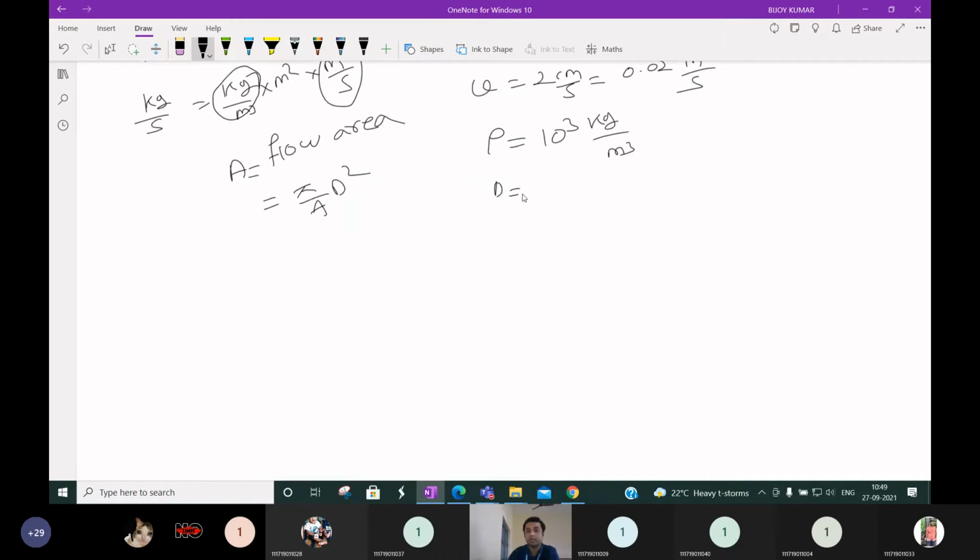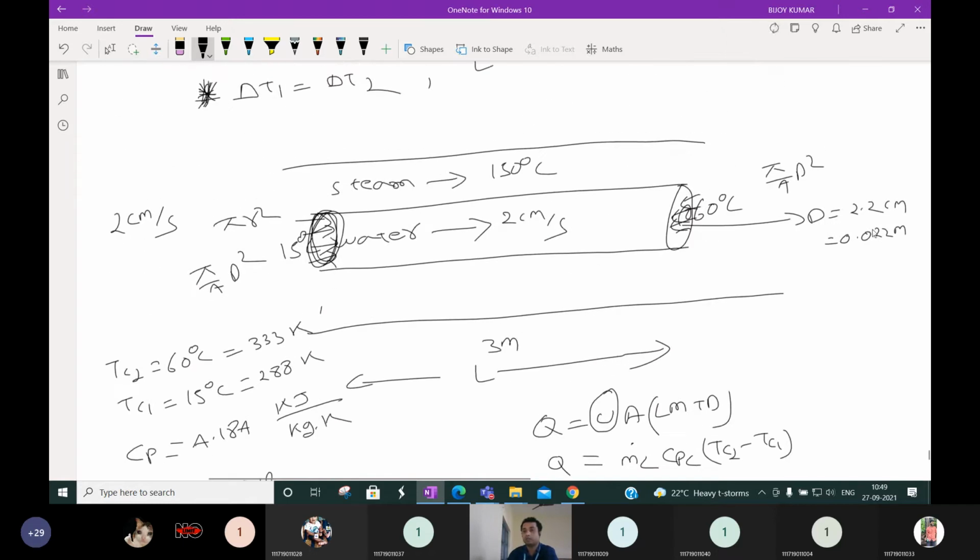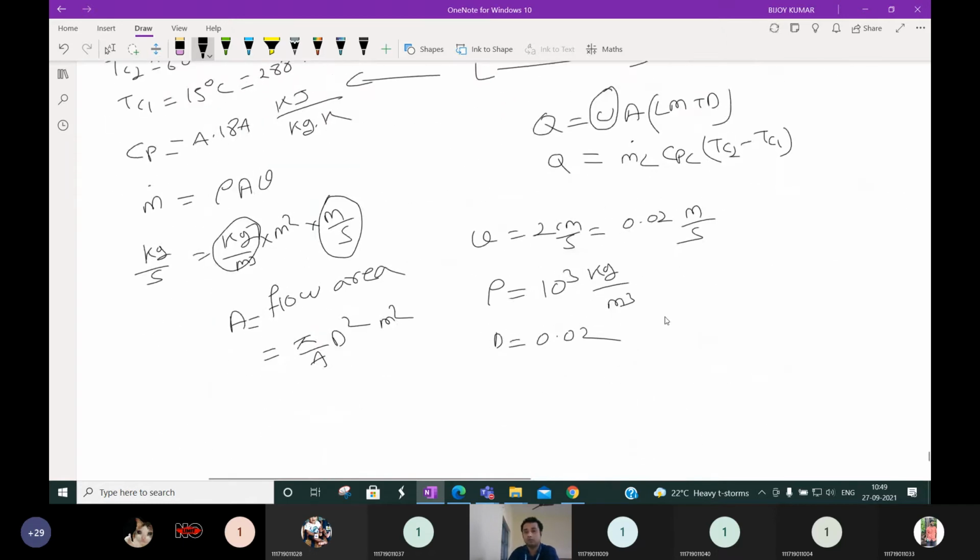So d is given as how much? It will come in meter square. The diameter is 0.022 meter. So area you can calculate as pi by 4 times 0.022 square, in meter square. After that, if we multiply rho, A and V, we can get this mass flow rate.